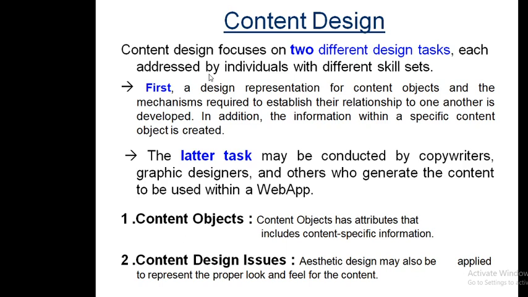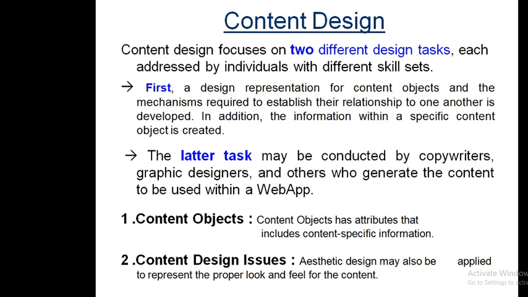Then when you come to content design, it contains two important concepts: content objects and content design issues. Content objects we already discussed. Content objects have attributes that include content-specific information. That means a content object contains some information related to that object.